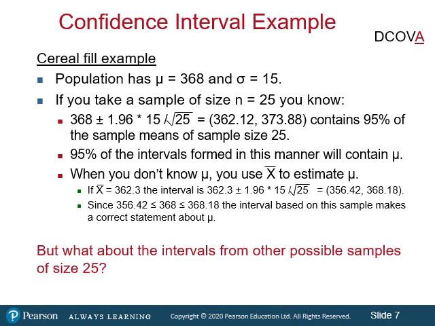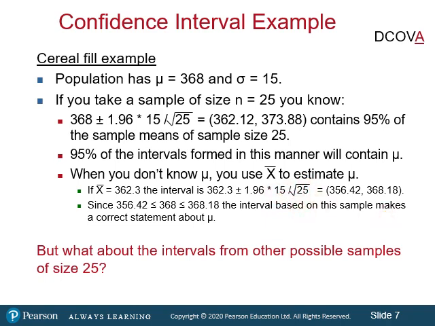When we don't know the mu value, we can use the x bar to estimate the mu. So if the x bar is 362.3, the interval estimate will be x bar plus minus z times the standard deviation divided by the square root of n.